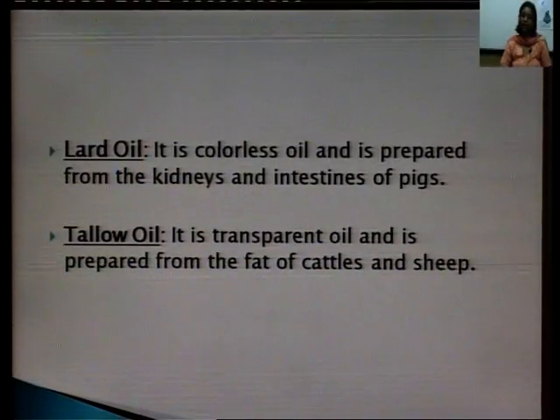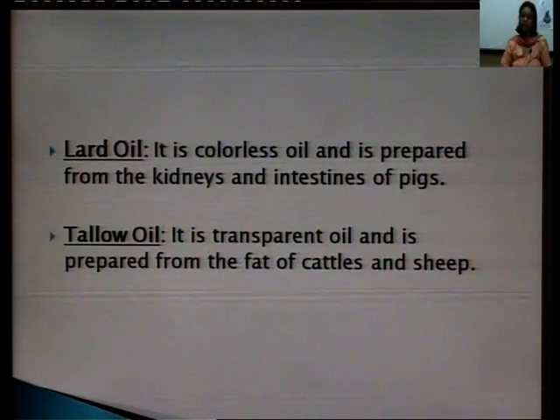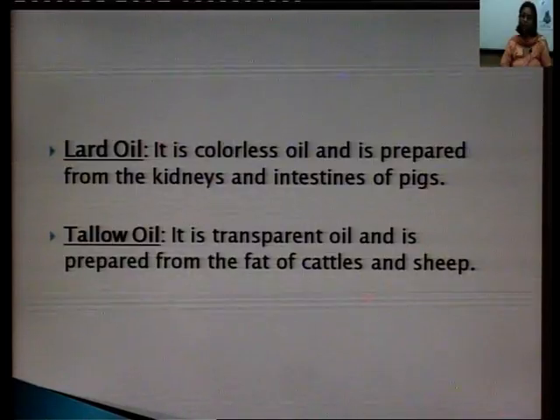Then is lard oil. It is a colorless oil and is prepared from the kidneys and intestines of the pigs. Then is tallow oil. It is a transparent oil and is prepared from the fat of cattle and sheep.